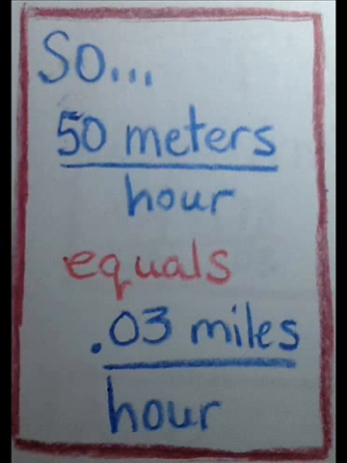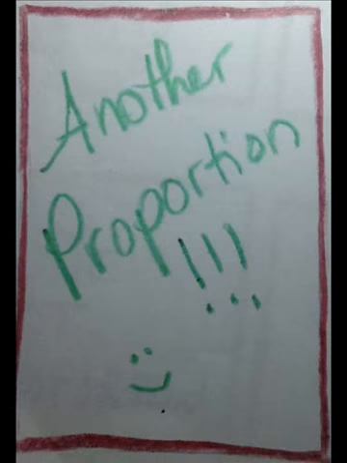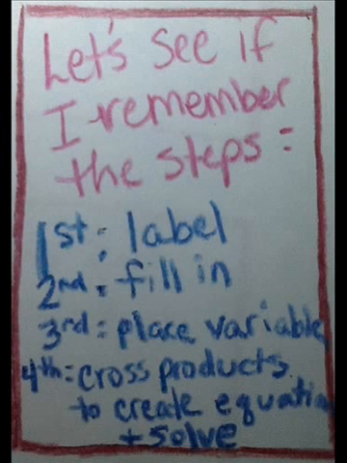I also know I can run 50 meters in 1 hour, which means I can run 3/100 of a mile in an hour. Yay, I know what to do next, another proportion. Let's see if I remember the steps. First, I label. Second, I fill in the numbers I know. Third, place the variable on the unknown. Fourth, I use cross products to create an equation, and I solve it.